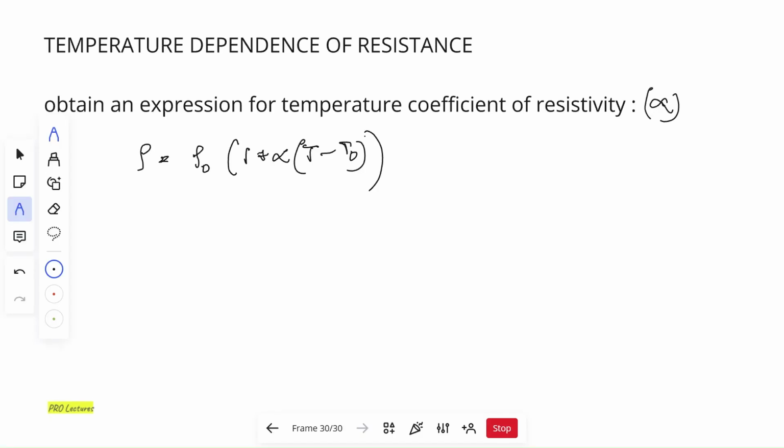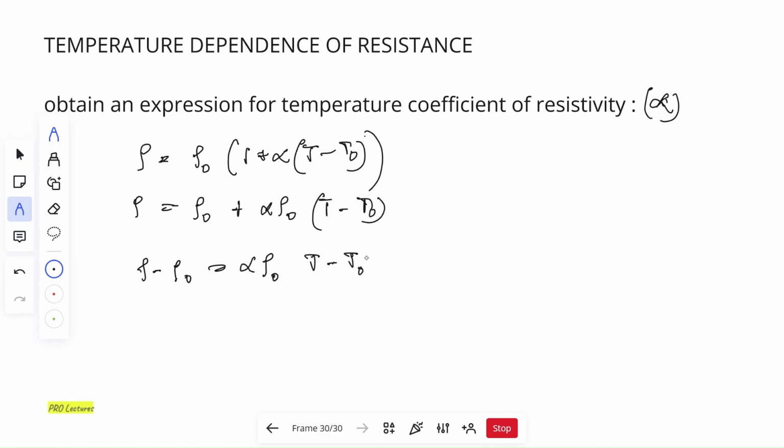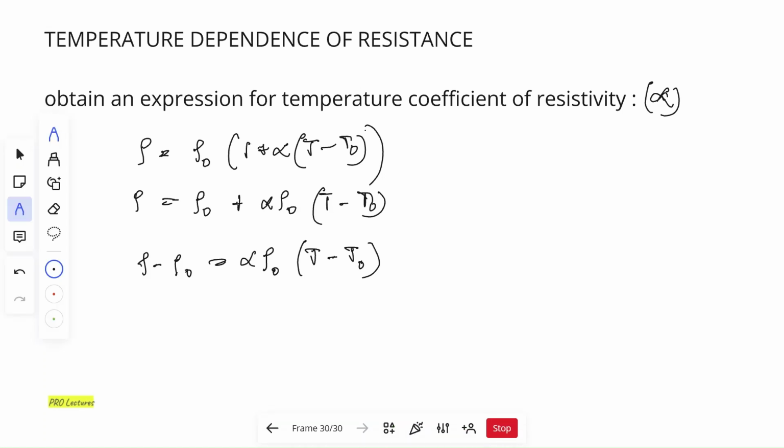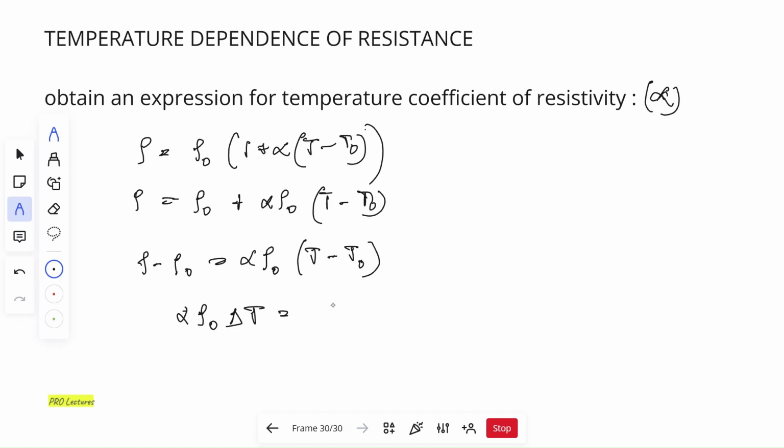So we are going to calculate alpha. Rho minus rho naught is equal to alpha rho naught into T minus T naught. This T minus T naught can be written as the change in temperature del T. So alpha rho naught del T is equal to rho minus rho naught, or alpha is rho minus rho naught.